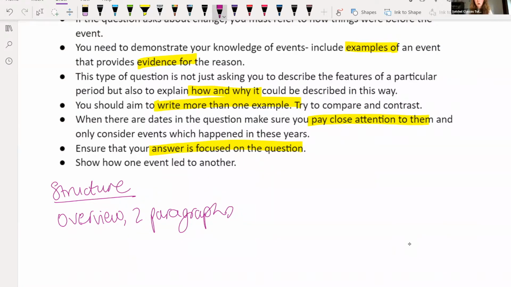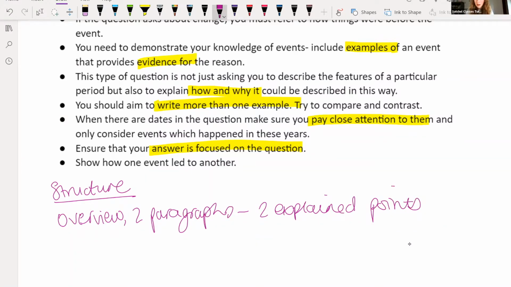You might have it on the Norman paper if you do the Normans, but it's that section of the course you've got this one on again. So I marked this paper for AQA, and the way that I tell my students to approach it is to give an overview of the event itself, just to give a little bit of background, and then 2 paragraphs which are 2 explained points.